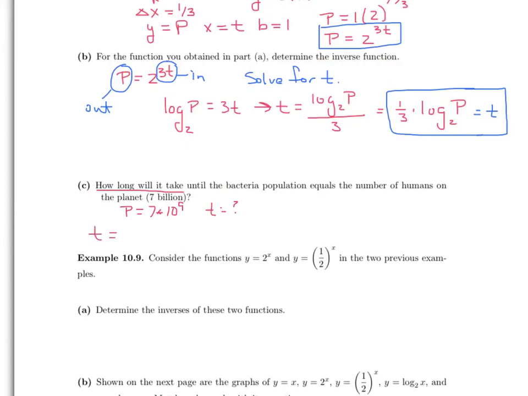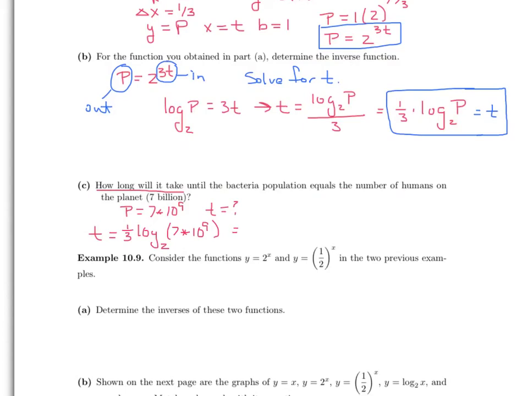And we want to calculate how long that will take. So if we substitute 7 times 10 to the 9 in for p in our equation above, we get t is equal to 1/3 times log base 2 of 7 times 10 to the 9.